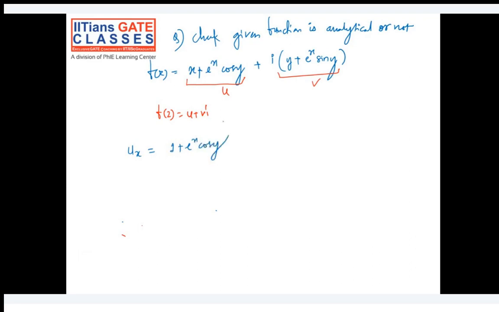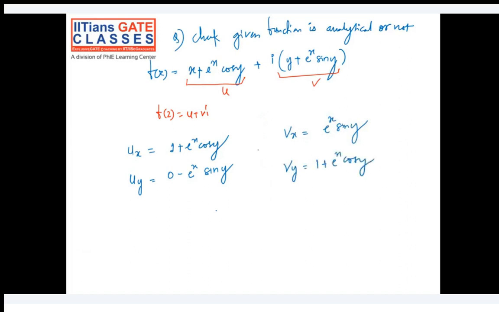Differentiation of u with respect to y is 0 plus e to the power x times differentiation of cos y, which is minus sin y. Differentiation of v with respect to x is e to the power x sin y, and differentiation of v with respect to y is 1 plus e to the power x cos y.